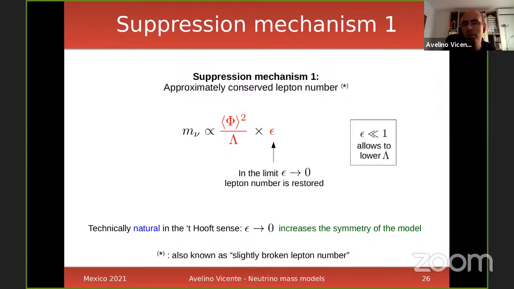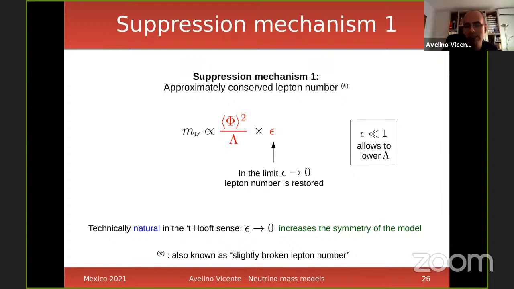So lepton number would be conserved if epsilon is 0. This implies that any correction to epsilon has to be proportional to itself due to symmetry reasons. You cannot give a correction to epsilon with parameters that do not violate lepton number, because they cannot correct a parameter that violates lepton number. So if this parameter is small to start with, it is always small. So it is technically natural and protected from corrections.